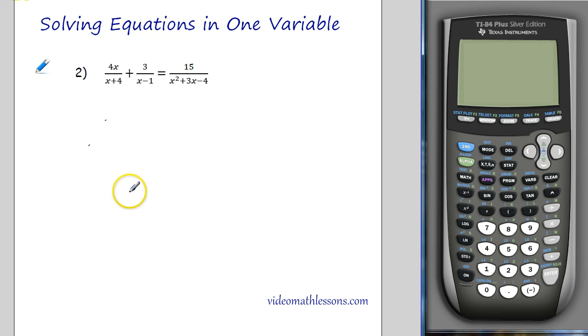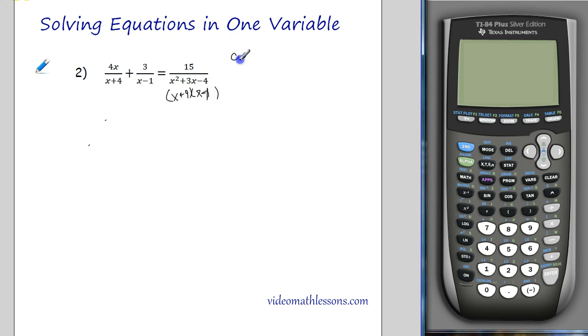So I got 4x over x plus 4 plus 3 over x minus 1 equals 15 over x squared plus 3x minus 4. So I'm going to factor this first to see what we have to play around with this back part. And what a coincidence: x plus 4, x minus 1.